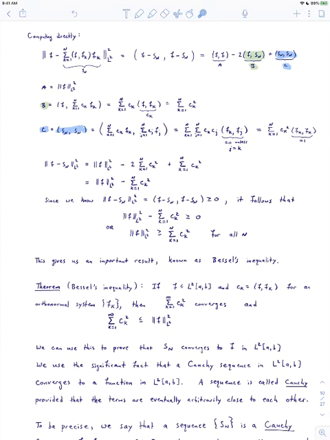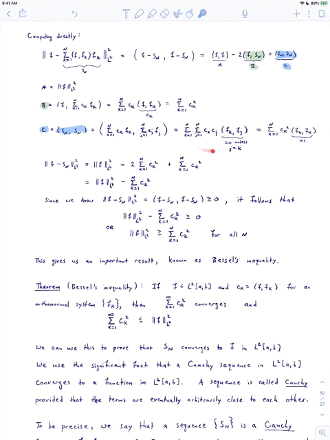Okay. So again, I'm going to use bilinearity to pull out the sums and the constants. So that just leaves us with the sum k equals 1 to n, sum j equals 1 to n, ck cj times the inner product of fk with fj. But this quantity is equal to 0 unless k is equal to j.